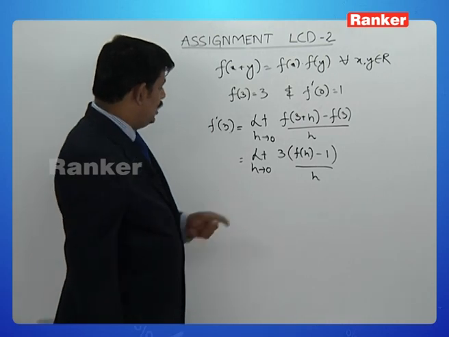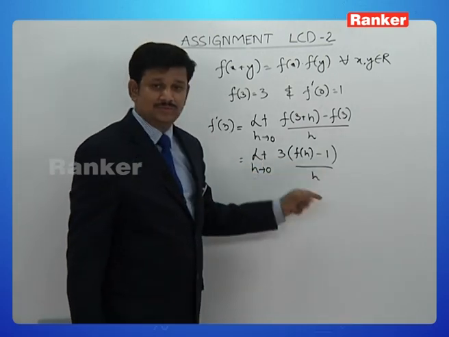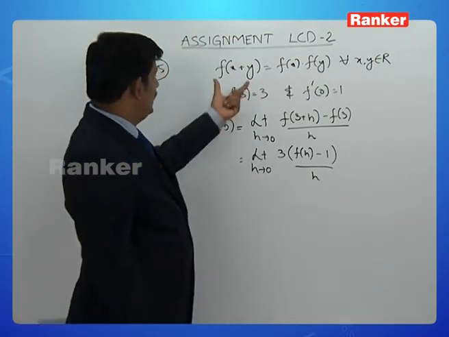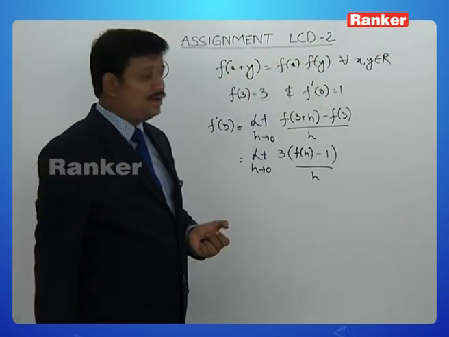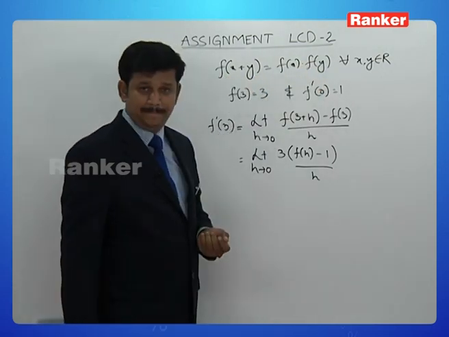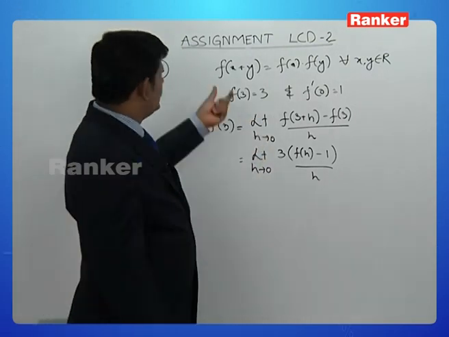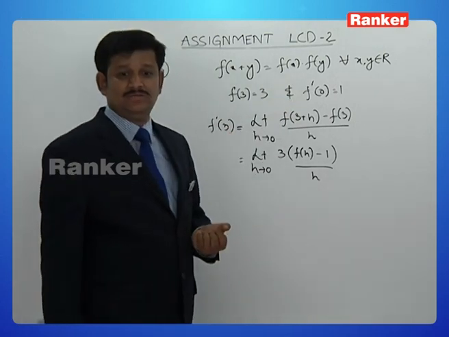Now, let us see what is the speciality of the limit h tending to 0 of f of h minus 1 by h. Substitute x and y to be 0. F of 0 is equal to f of 0 into f of 0, or f of 0 whole square. F of 0 can't be 0 because that makes the function identically 0, whereas f dash 0 is given to be 11.